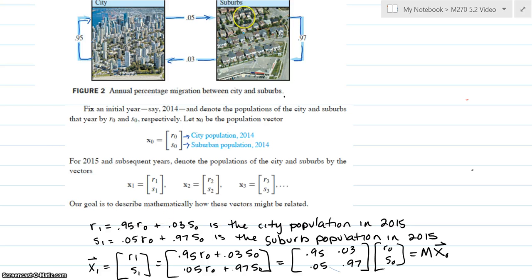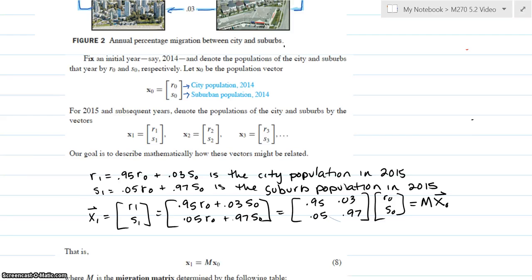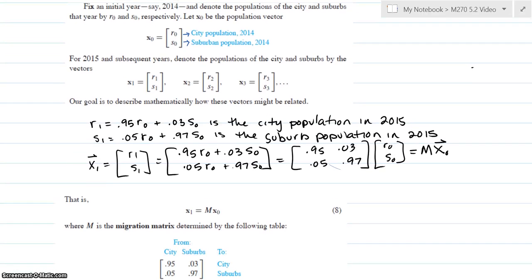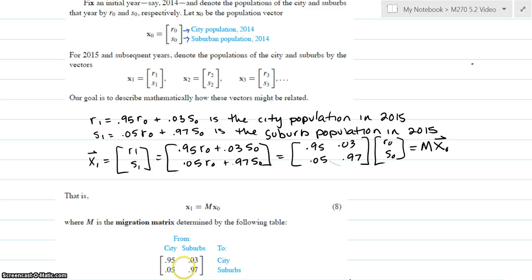I look at this picture, what's coming in there: 5% from the city comes in, and 97% stays. So I end up with x1 equals R1, S1. I just put these in here, and then I can split this up into a matrix times x naught. We're going to call this the migration matrix, where M is the migration matrix denoted by this table.